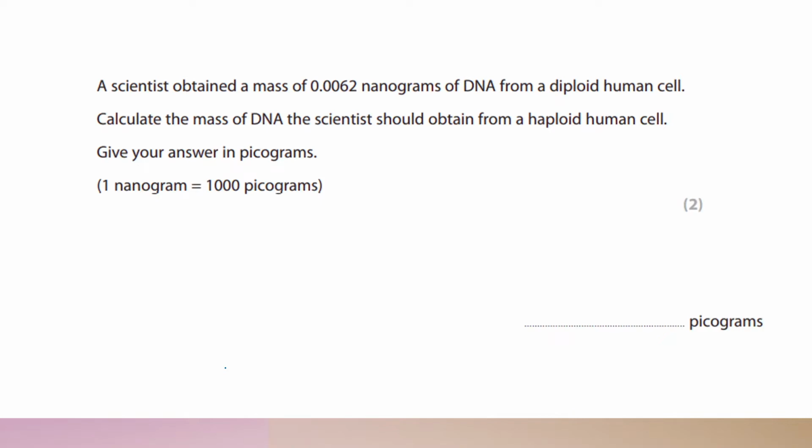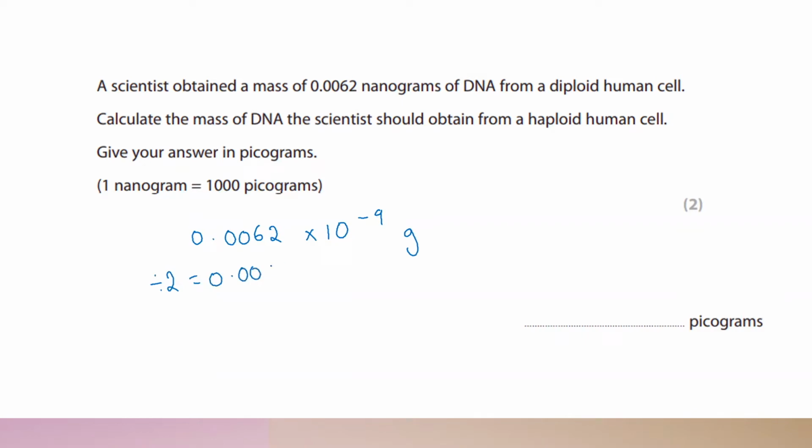So it says 0.0062 times 10 to the minus 9, nano, that's grams. So what's that in picograms? Okay, so 1 nanogram is 1,000 picograms. Right, okay, so that's a diploid. So haploid is just going to be half. So let's divide by 2 first of all.